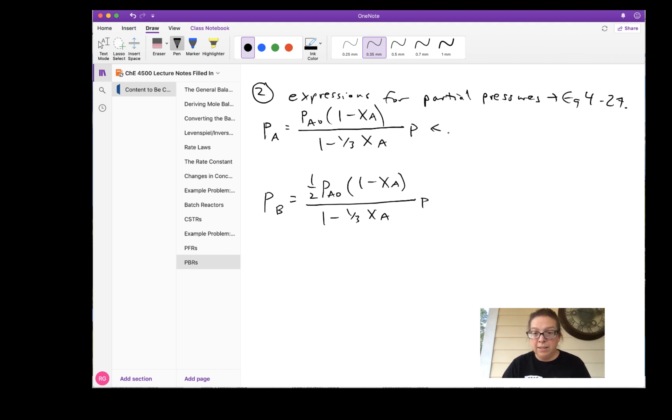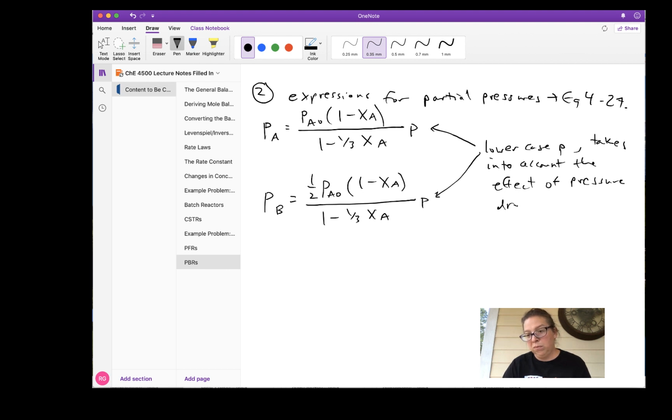And so we'll say this is lowercase p and it takes into account the effect of pressure drop on volumetric flow rate.